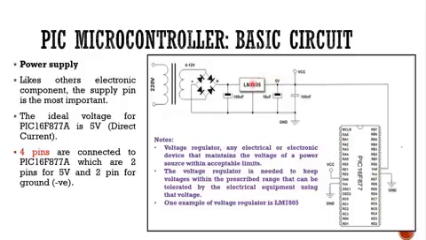So we use this to regulate, but make sure the input is a DC source. Then we have 2 capacitors in parallel to smooth out the output from this voltage regulator. After this, the 5 volt signal we represent as VCC.